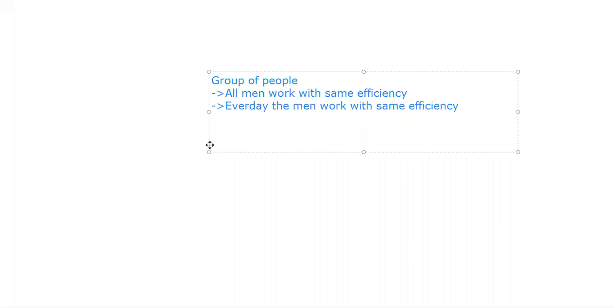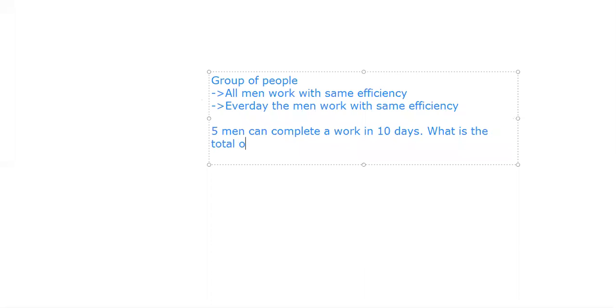Okay, now what do I mean by all men work with same efficiency? For example, let me put it this way. 5 men can complete a work in 10 days. Okay, so now what is the total work done?